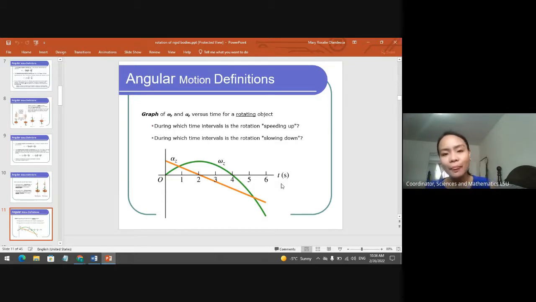Okay, so say for example here, our angular velocity is in this curve and our angular acceleration is this straight line. So you are asked, at what time will the object be speeding up and at what time will our object be slowing down.